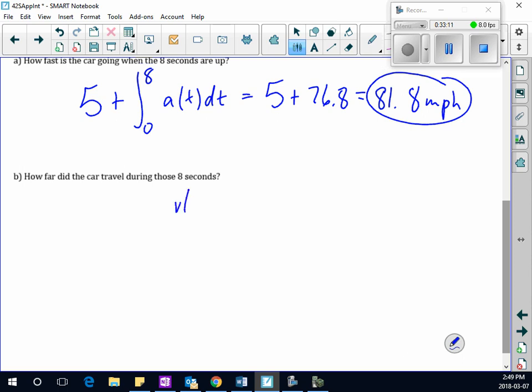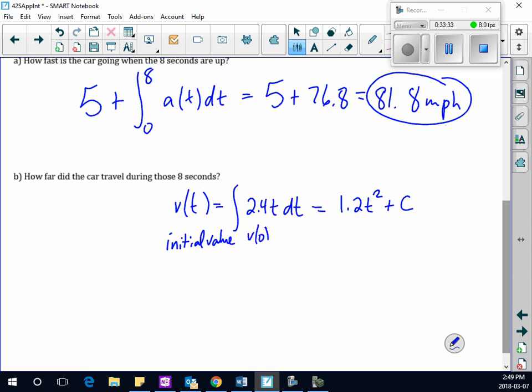So v of t is the integral of 2.4 t dt, which would be 1.2 t squared plus c. Now if I put the initial value in, remember the initial value is v of 0 equals 5, right?